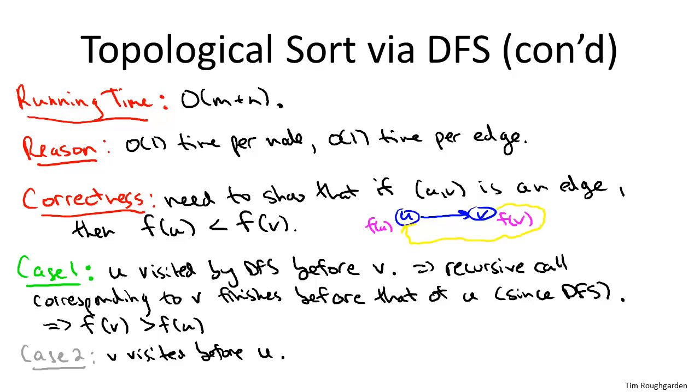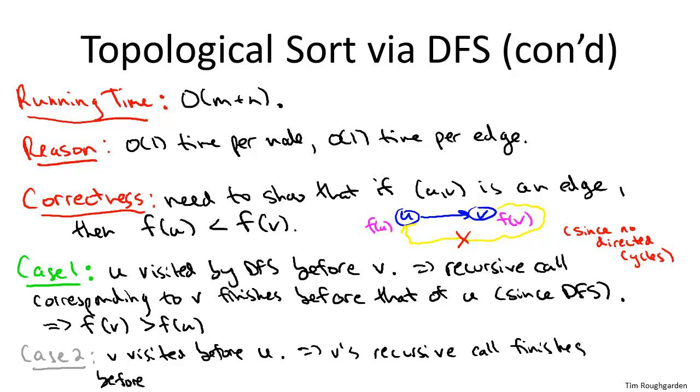There's no directed path from v to u. Again, if there was, there'd be a directed cycle. So it doesn't find u at all. So the recursive call of v is going to get popped before u's is even pushed onto the stack. So we're totally done with v before we even start to consider u. So therefore, for the same reasons, since v's recursive call finishes first, its label is going to be larger, which is exactly what we wanted to prove.